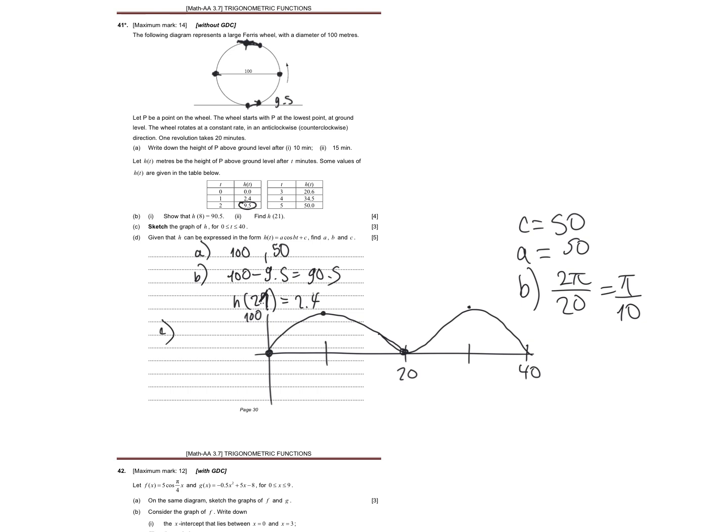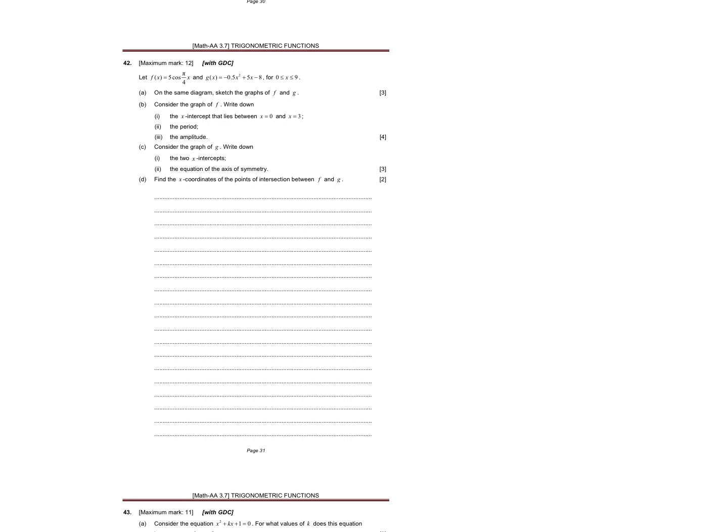And the only thing is, if this is a cosine graph, cosine usually starts up here. So this a has to be negative because it's reflected. Or you could do a transformation, but they don't say that there is a transformation.